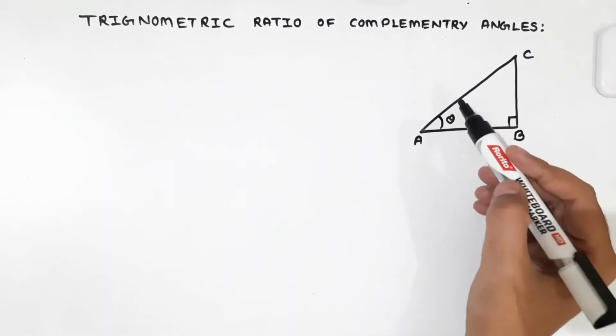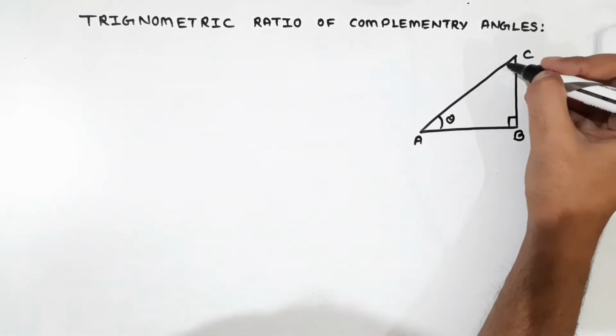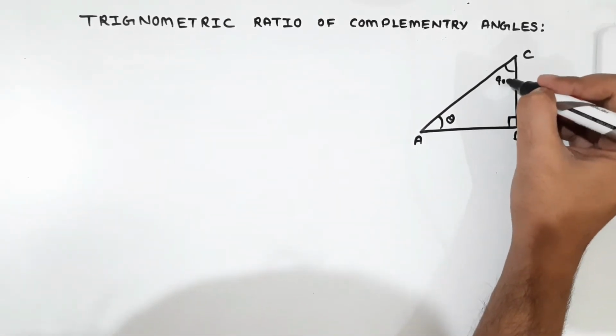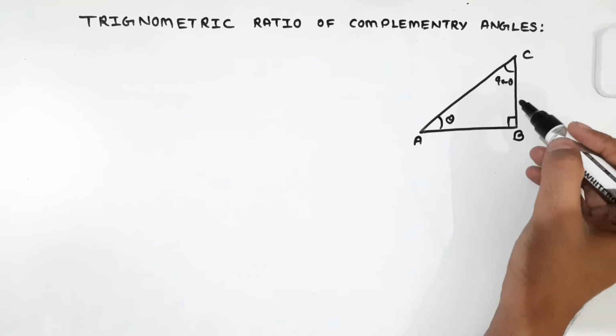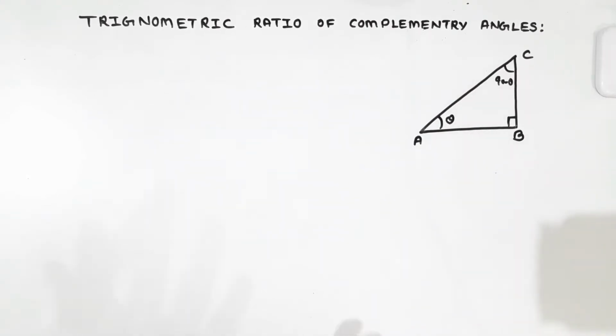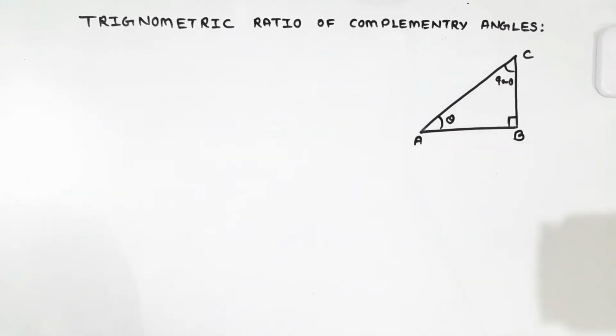So angle A is theta. This is 90 degree, so angle C will be 90 minus theta. It means angle A and angle C are complementary because their sum will be 90 degree.